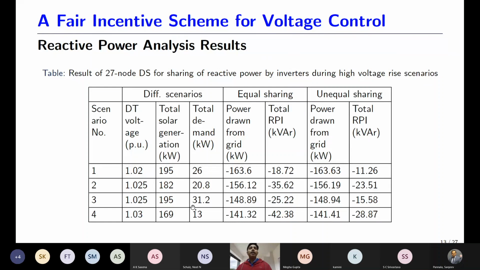Negative shows that power is flowing from load to source, and reactive power is negative. It means reactive power is absorbed by the inverters, and we can observe that when inverters absorb equal reactive power versus unequal reactive power, unequal sharing requires less reactive power absorption. So it shows that this unequal sharing is optimal.